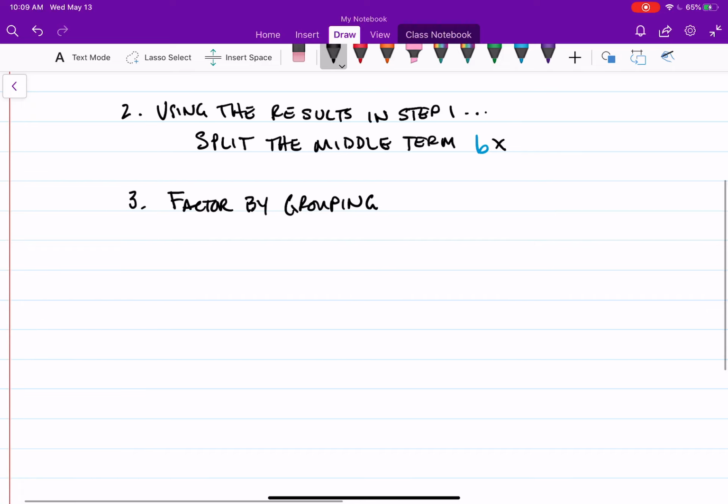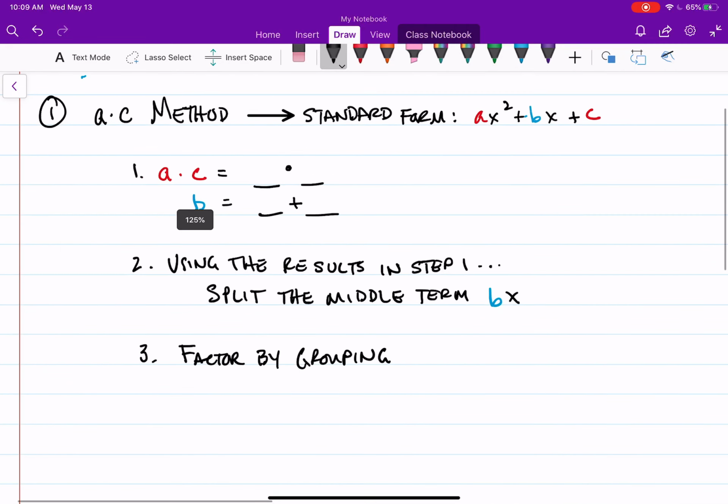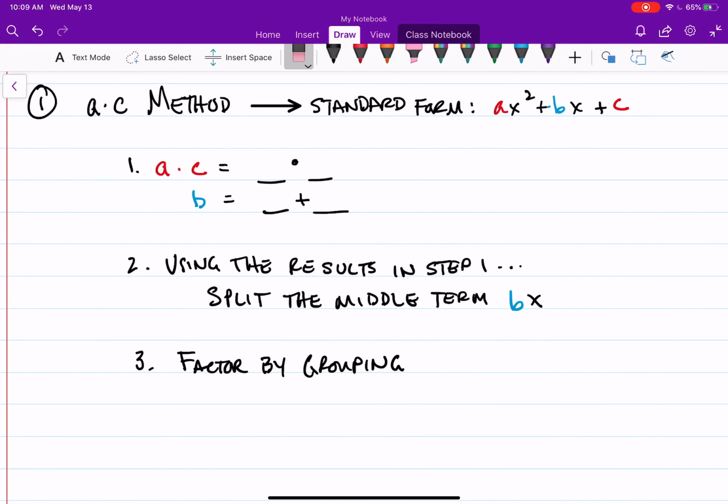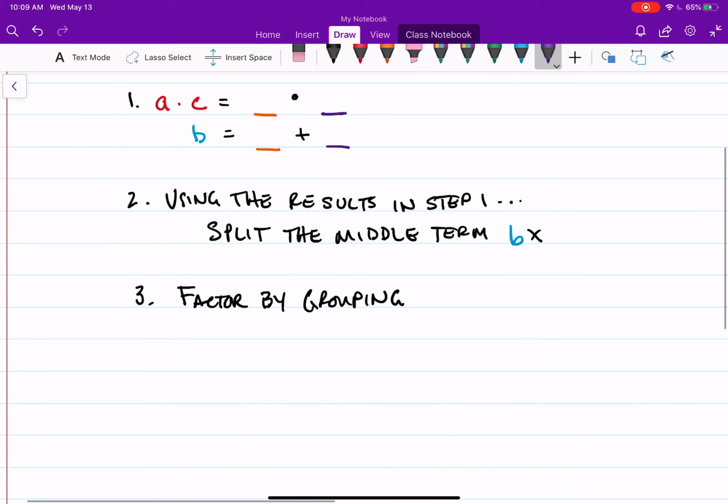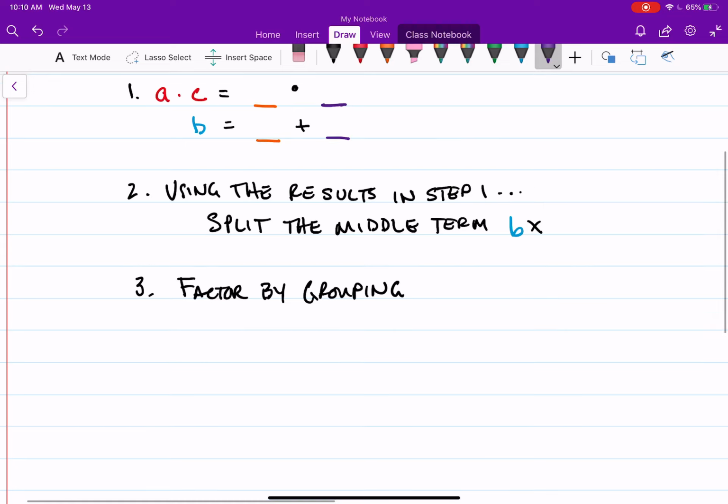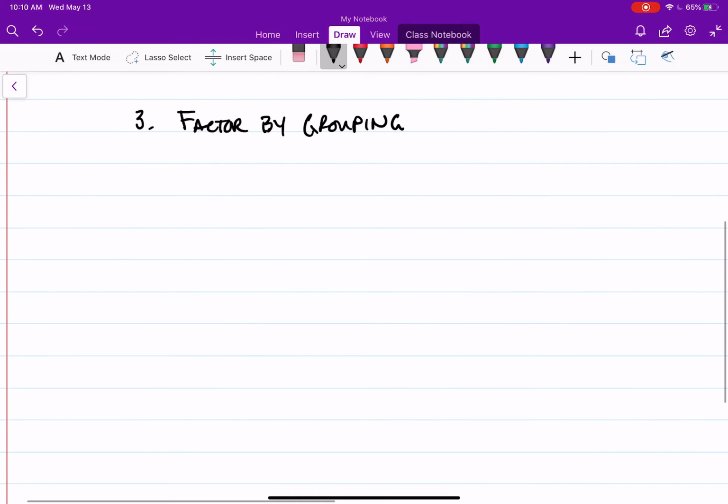Okay, so let's show you how this goes. I'm going to call this orange and purple. There we go, that'll work better. This way we know that it's the same set of numbers that multiply together to give you AC, yet the same set of numbers that add up to give you B. So let's do an example.